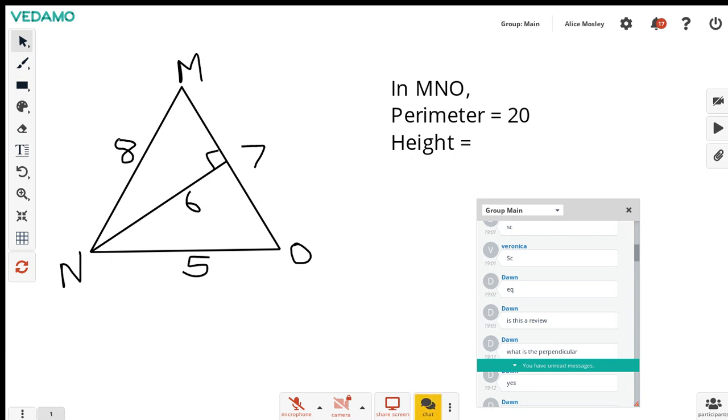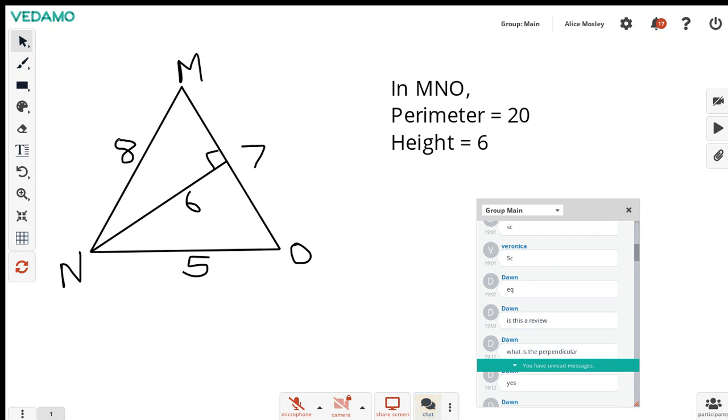As soon as you find a 90° angle, which is here, you call the middle line the height. That's it. Yes. So I got the answer from Ms. Dawn as well. Height is 6.